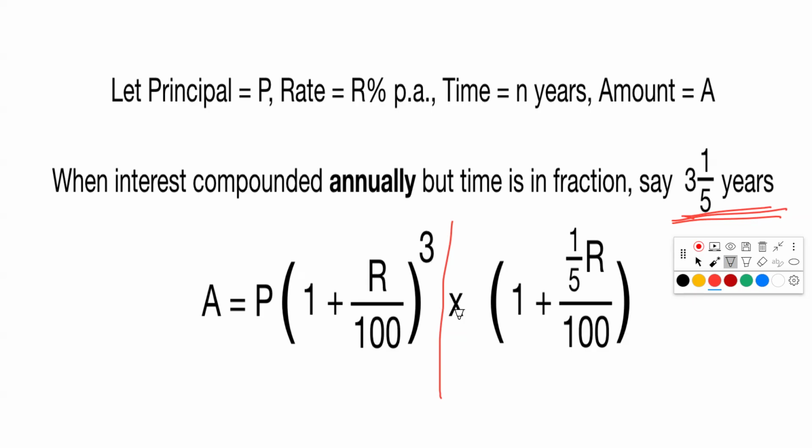And again it is multiplied by 1 plus the fraction applied to the rate, that is the fraction multiplied by R by 100, and there is no power because 3 is already taken upfront. So whatever fraction is there, it is getting multiplied. So when the time is in fraction, this is how you do it.